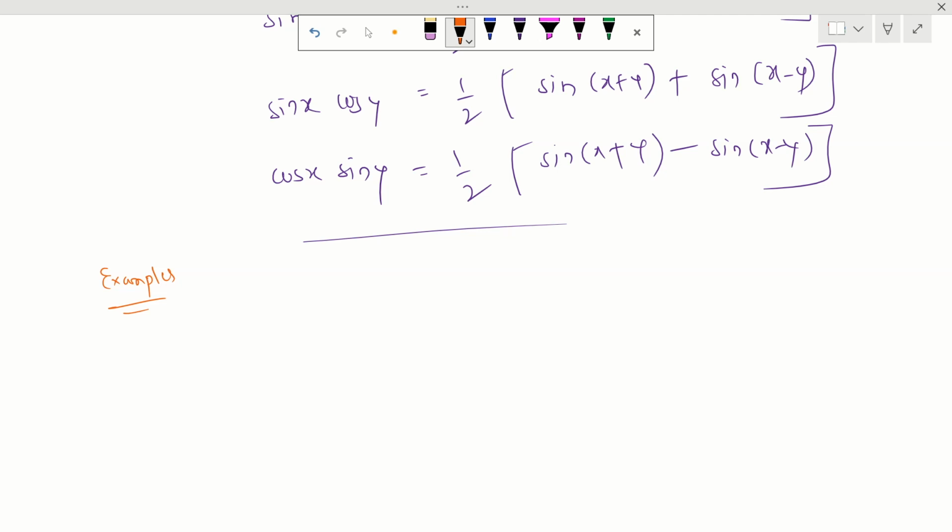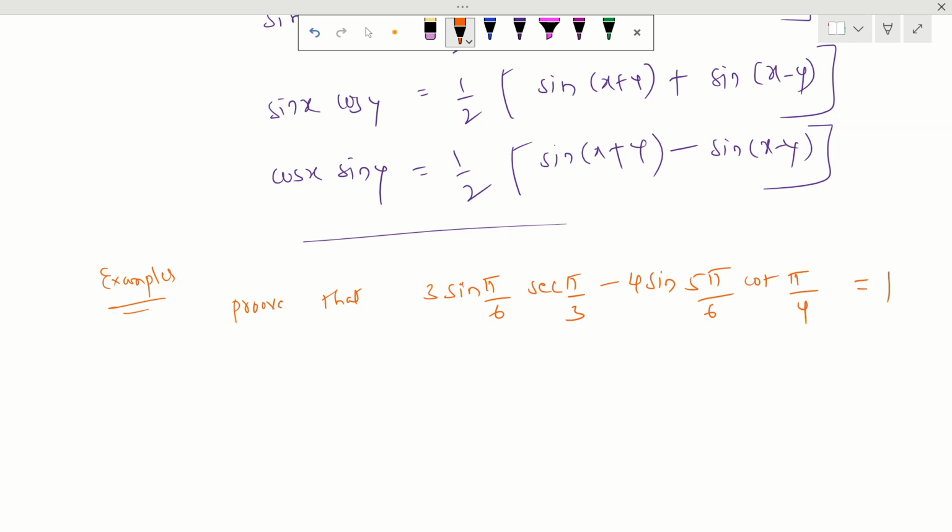The first example is: prove that 3 sine pi by 6 into secant pi by 3 minus 4 sine 5 pi by 6 into cot pi by 4 is equal to 1.